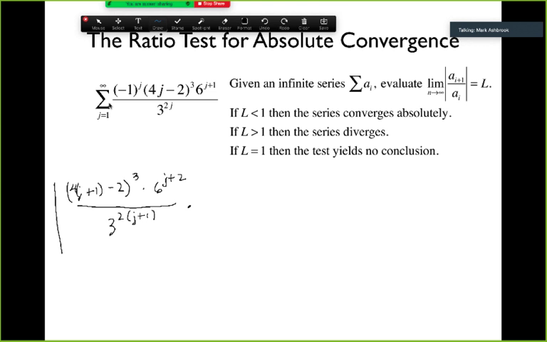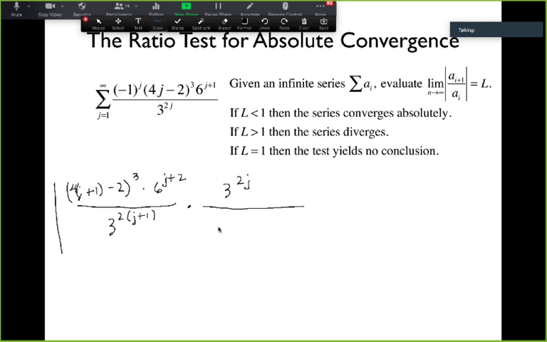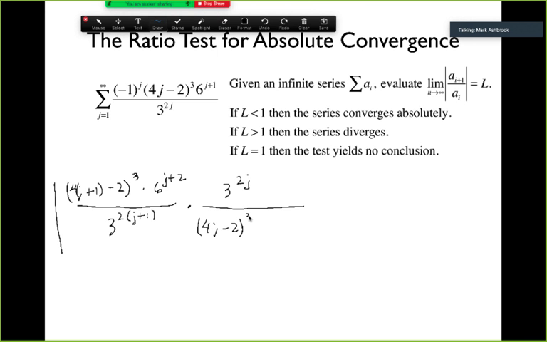Right, so this is the j plus first term. Everywhere there's a j, I'm going to put j plus 1. And then the reciprocal of the actual sequence.